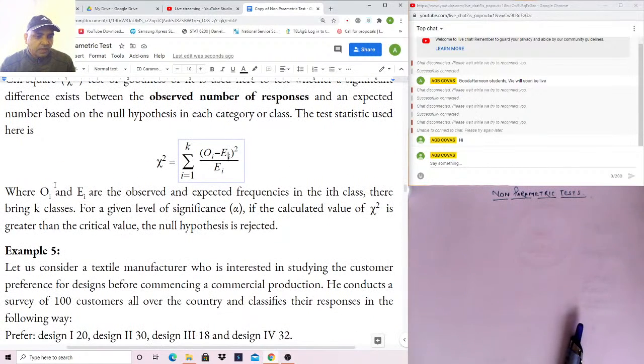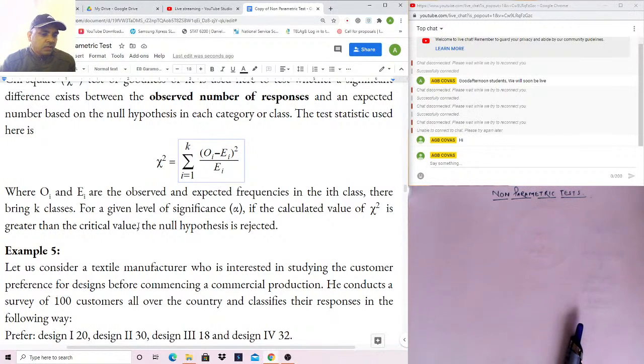Where Oi and Ei are the observed and expected frequencies in the ith class, and the total number of classes is k. For a given level of significance alpha, if the calculated value of chi-square is greater than the critical value or the table value, then your null hypothesis is rejected. So let us do an example of it.